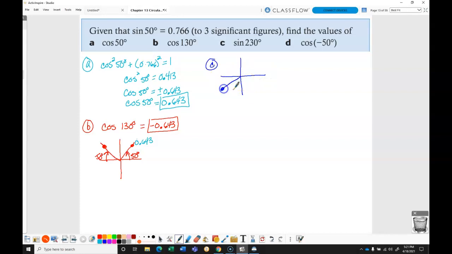So we know this one is 0.643. So wouldn't it make the leap that that's 0.643? So it's really just making the comparison of the different angles that add up there.